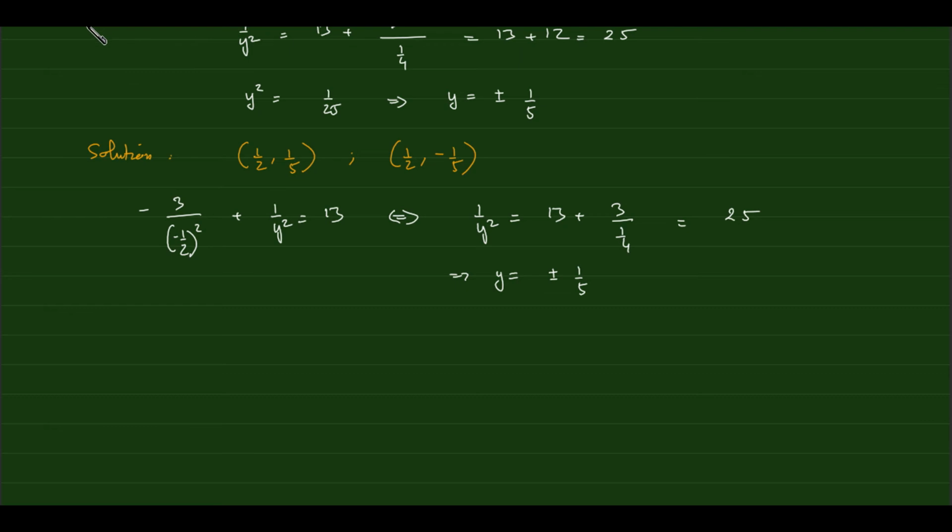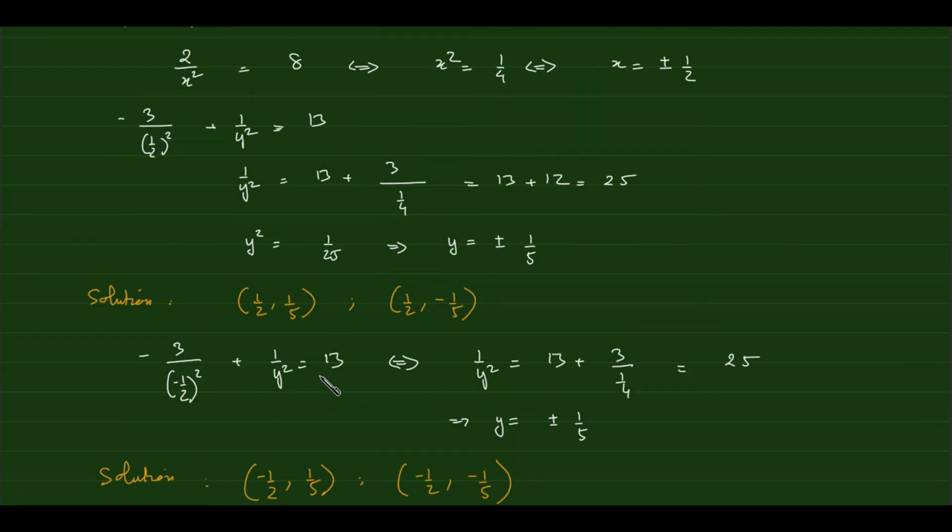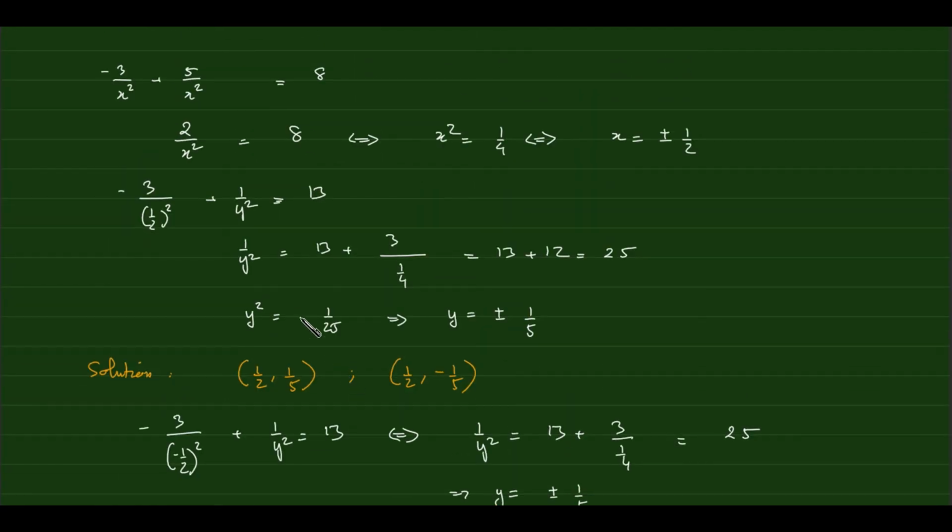We have the other two solutions, which are negative 1 over 2, 1 over 5 and negative 1 over 2, negative 1 over 5. Altogether, for this problem we have 4 intersection points, 4 solutions.